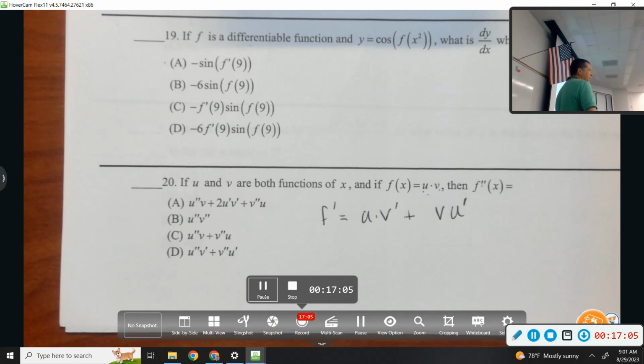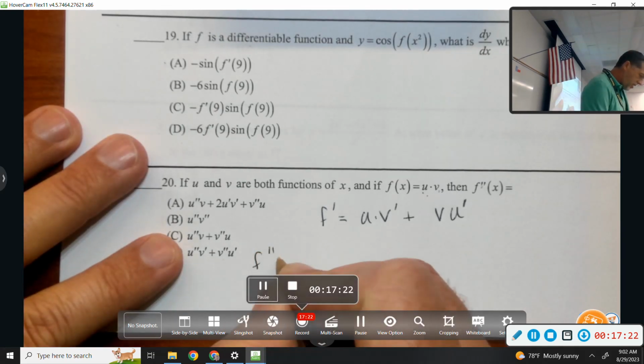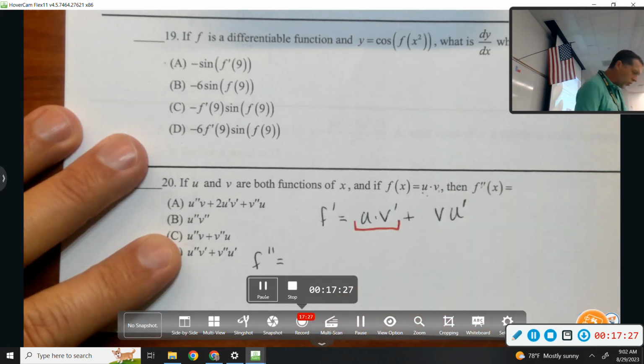So again, in some sense this is easier because there are no specific rules I have to know other than the product rule. I was kind of surprised that wasn't an answer choice. It's not right, because I need to find another derivative of that. So how am I going to find the derivative of u times v prime?